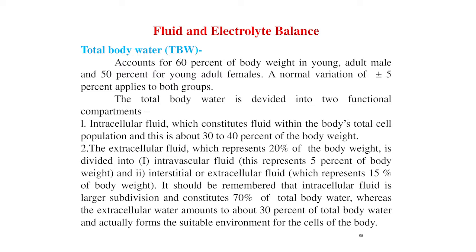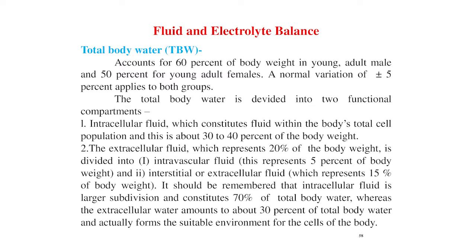Intracellular fluid constitutes the fluid within the body's total cell population, and this is about 30 to 40% of the body weight. And second is the extracellular fluid, which represents 20% of the body weight and is divided into first intravascular fluid, which represents 5% of the body weight, and second the interstitial fluid, which represents 15% of the body weight.